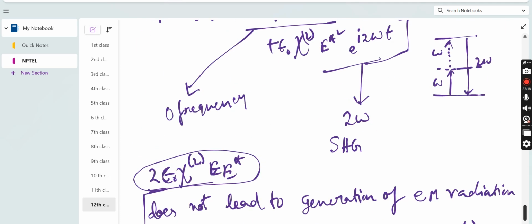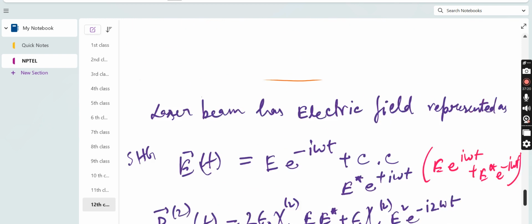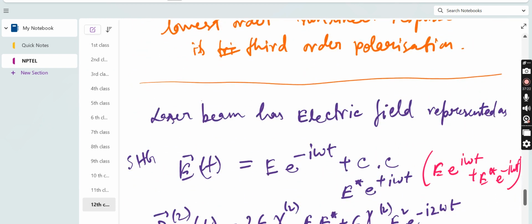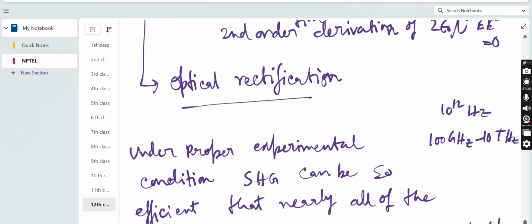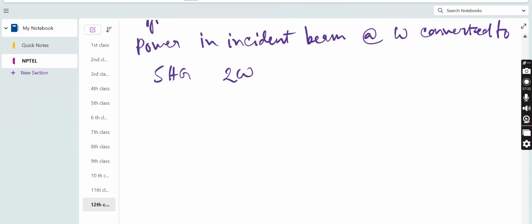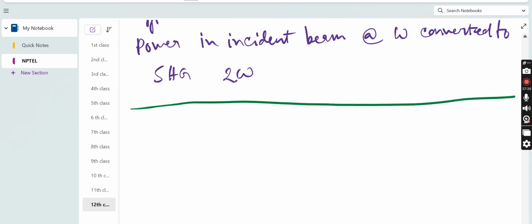Now this is the special case called SHG, second harmonic generation. But the most general case of second order polarization is sum and difference frequency generation.